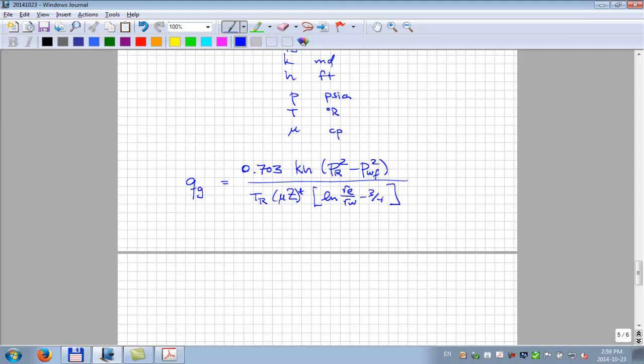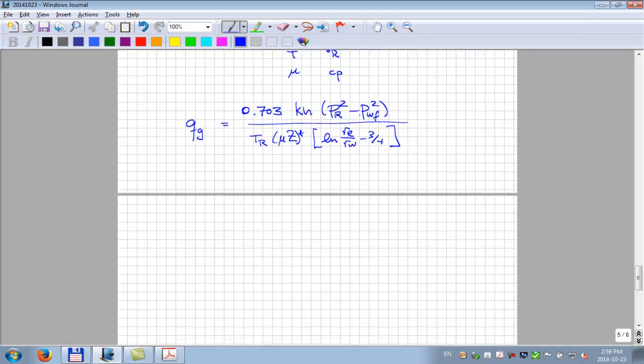Okay, that's the equation I grew up with. What you'll see is Fetkovich writes the number in the denominator as 1.424 or something. So that's the low pressure equation I grew up with. That's in the book that we wrote.